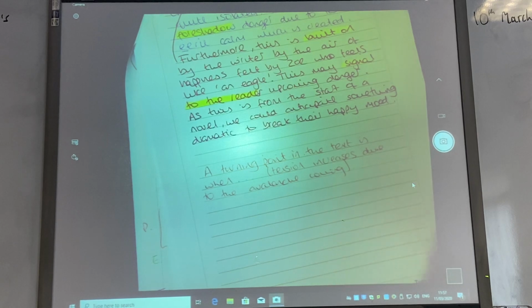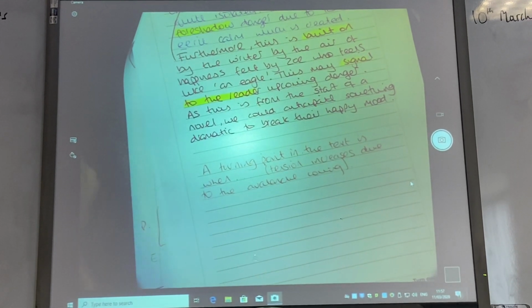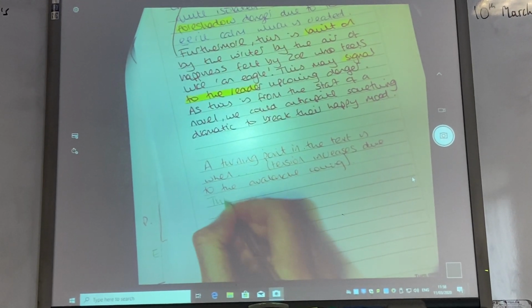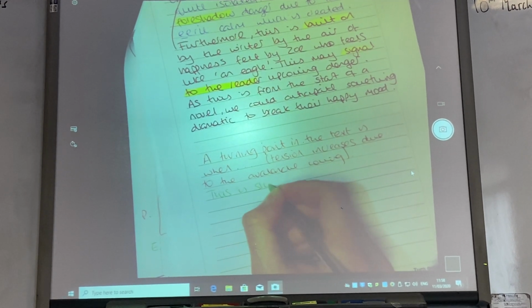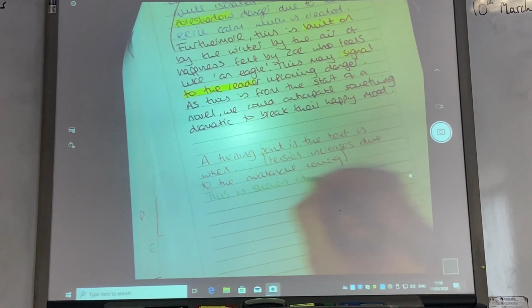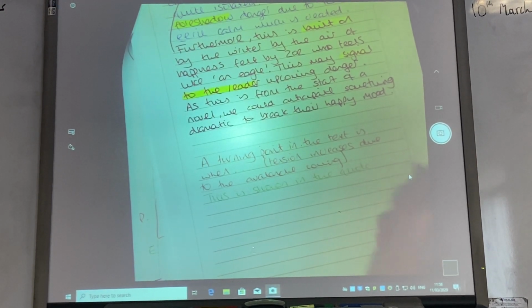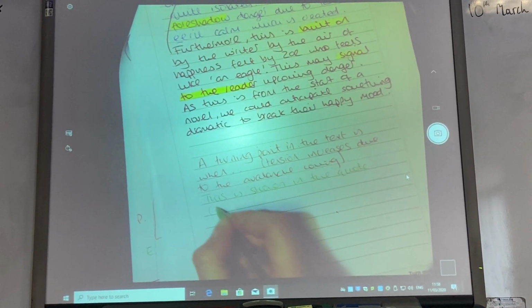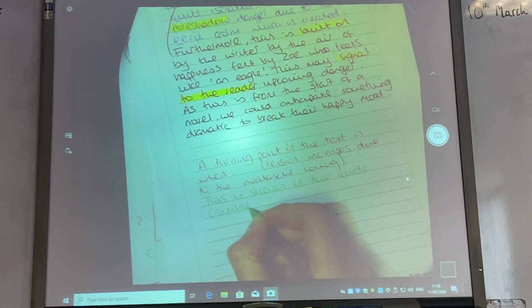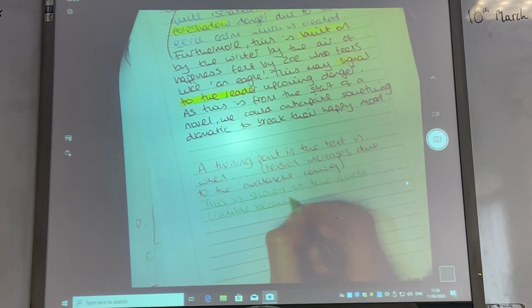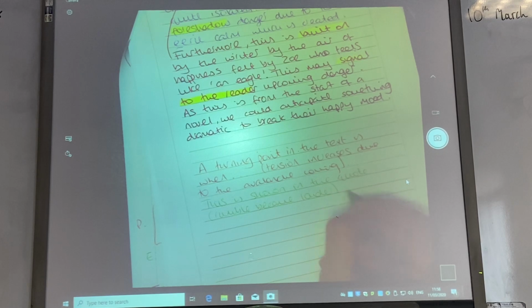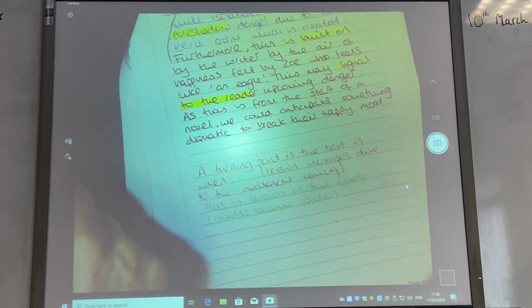But you don't have to write about that one. Use your different colours. This is shown in the quote. Put your quote in. If you're doing the same one that I would do, you could have "rumble became louder." I'm going to put that in brackets because you don't have to use that one.